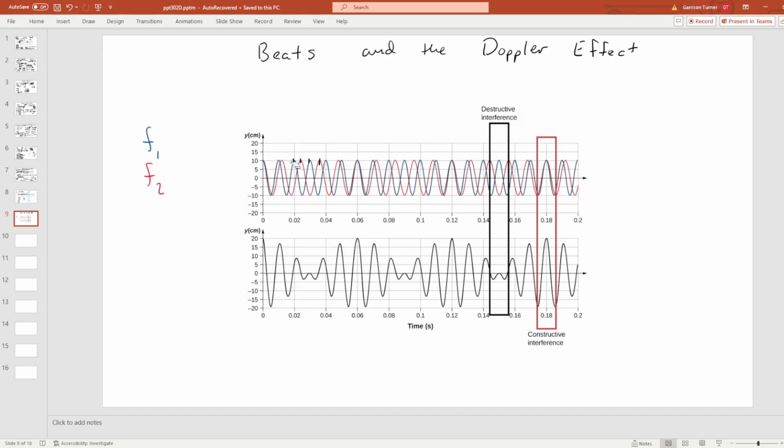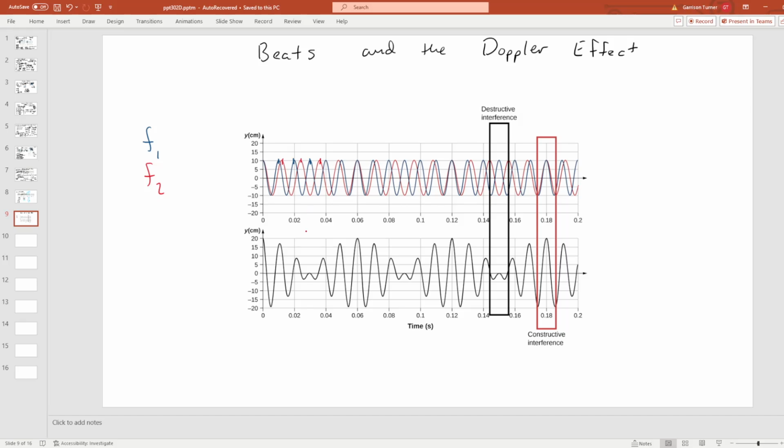Maybe we should use the individual colors. Our first blue crest is right here, here, and then here. For the crests of the red signal, you can see that they are a little bit more spread out.